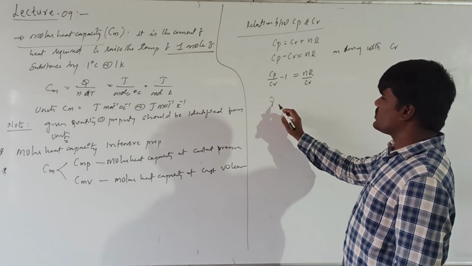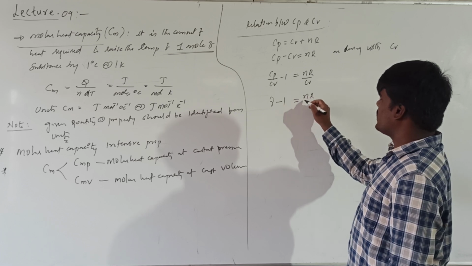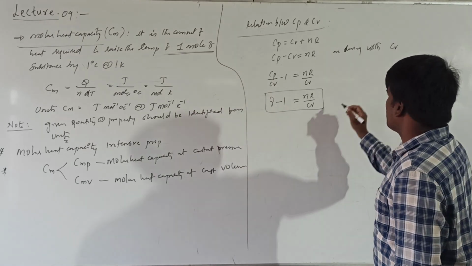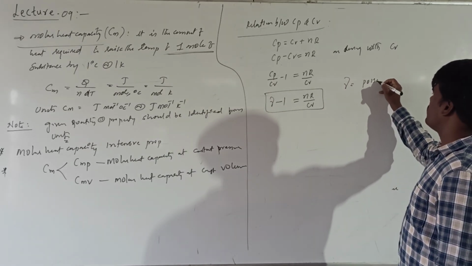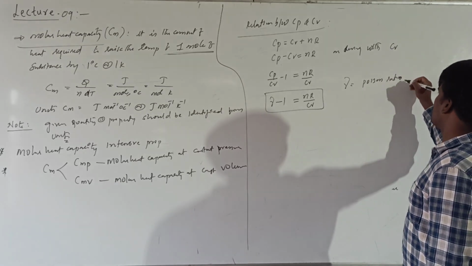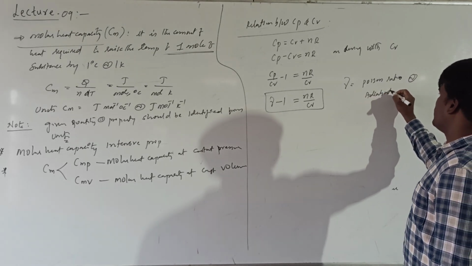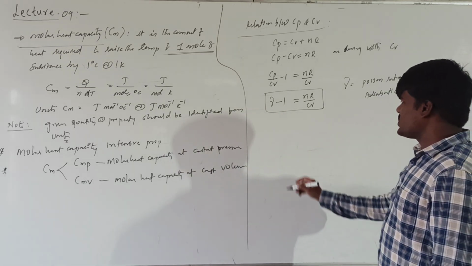This can be simplified as gamma minus 1 will be equal to nR by nCv, where gamma is called the Poisson ratio, or it is also called the adiabatic constant. Adiabatic constant, right?